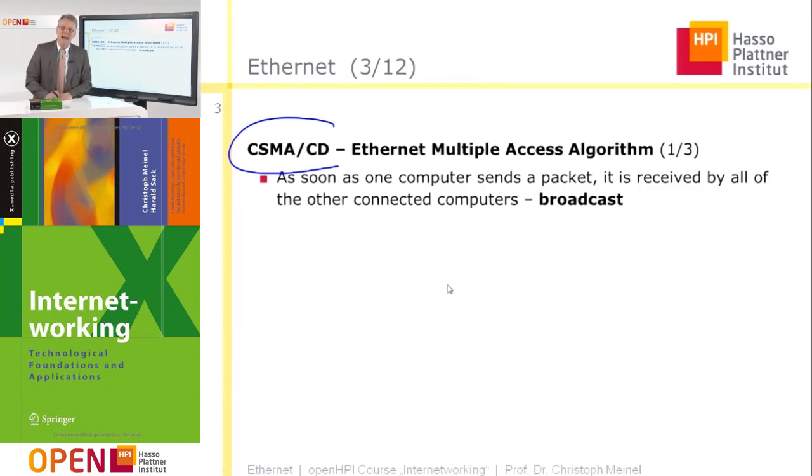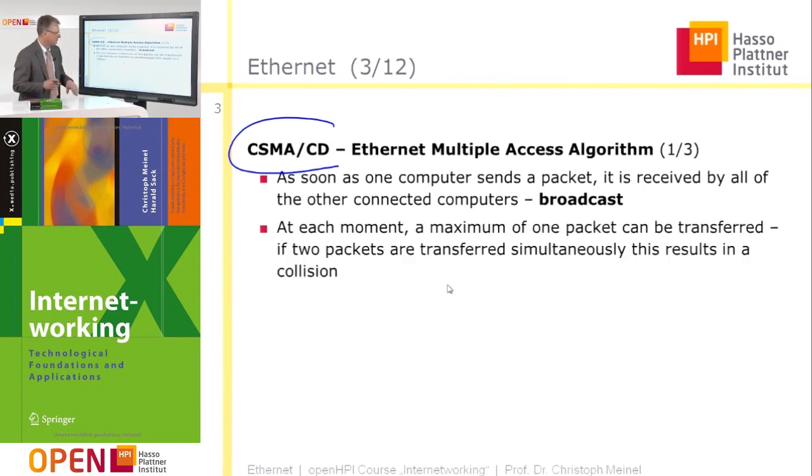And this algorithm regulates how the computers can use the cable, which is used by all the computers, in a certain moment to send their own data packet. Let's assume there is a computer and the computer wants to send a data packet. The data packet is transformed into electrical signals, and the signals are sent over the cable. So all the other computers can receive the signals and can check whether the signals stand for a packet for their own computer. This was this broadcast mechanism.